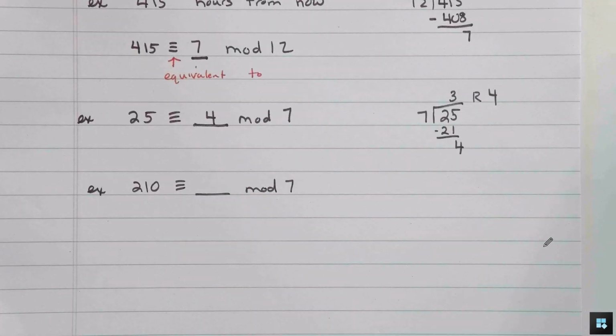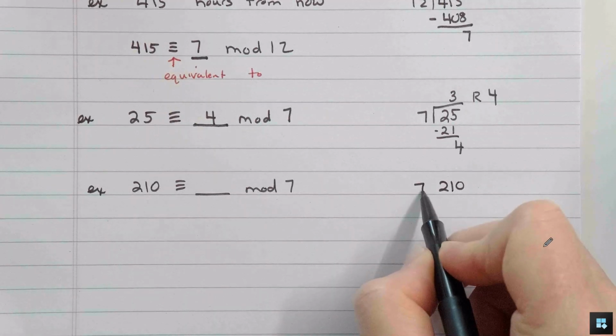So we'll stick with mod 7 for a bit. Here I have 210 mod 7. Yes? 0. It is 0. Good. Because 210 divided by 7 goes evenly.